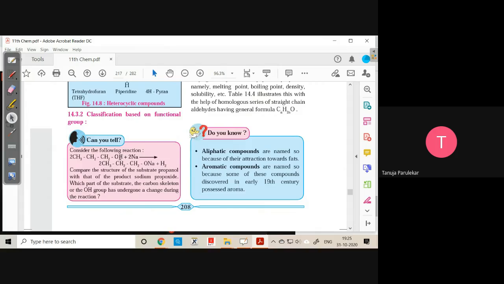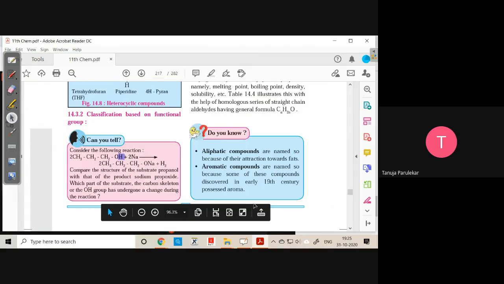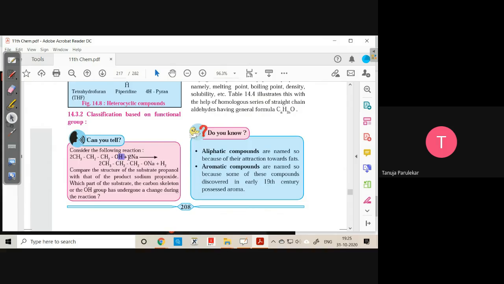In this, you are replacing this H by Na, so you get CH3, CH2, CH2, ONa plus H2. That is the balancing of the reaction. You know that in 7th or 8th standard you must have done that hydrogen is released and H is replaced by Na.